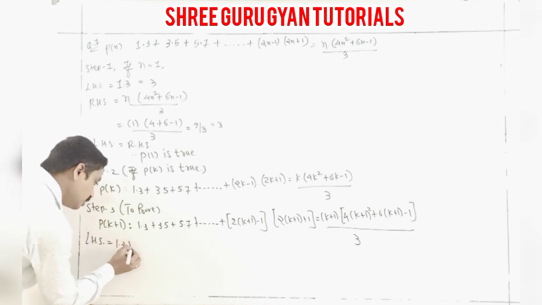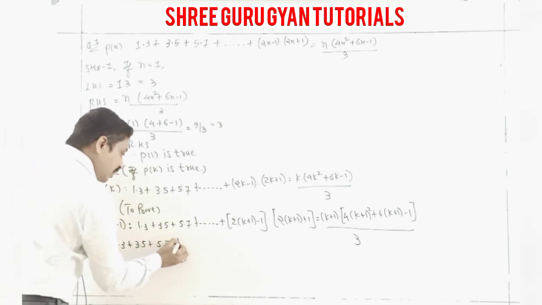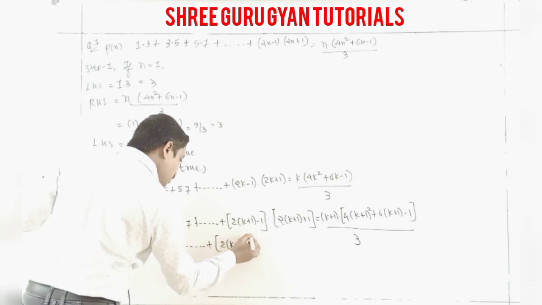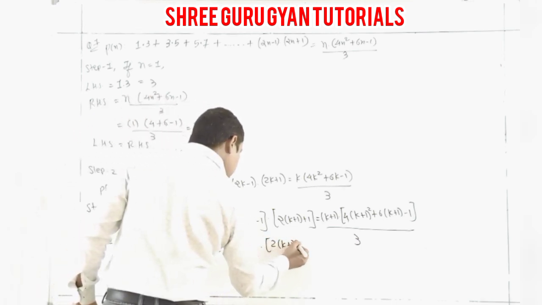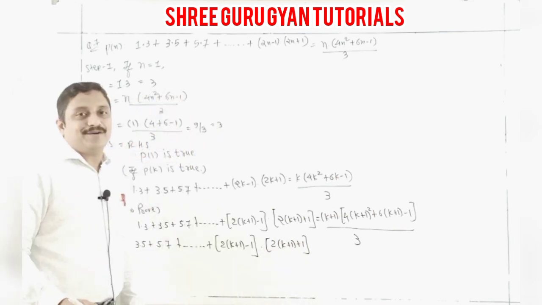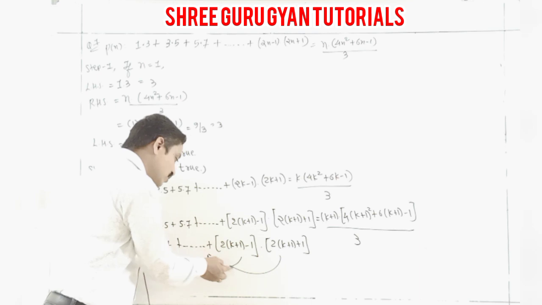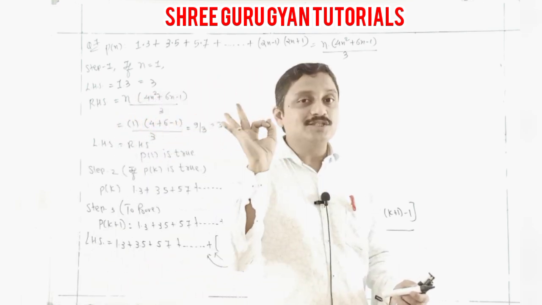1 into 3, 3 into 5, 5 into 7. Here look at that: 2 times (k plus 1) minus 1. Same, look at that: 2 times (k plus 1) plus 1. Now you multiply again. These are one-back terms of this total value.